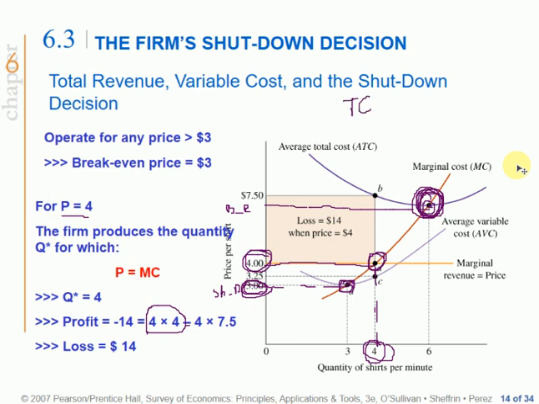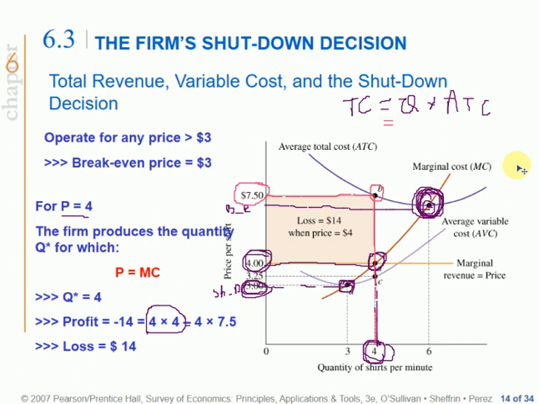Total cost is equal to Q times the average total cost. This is Q, 4. We project 4 on the average total cost curve, point B. We find the average total cost, 7.5.